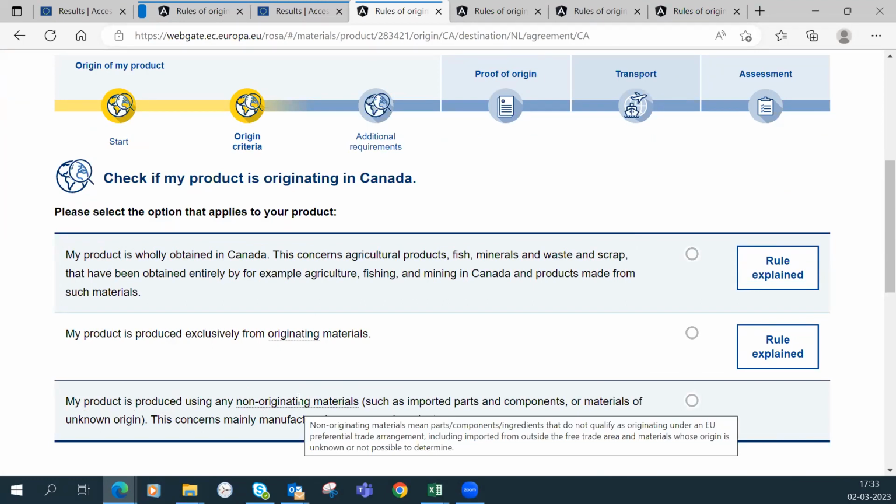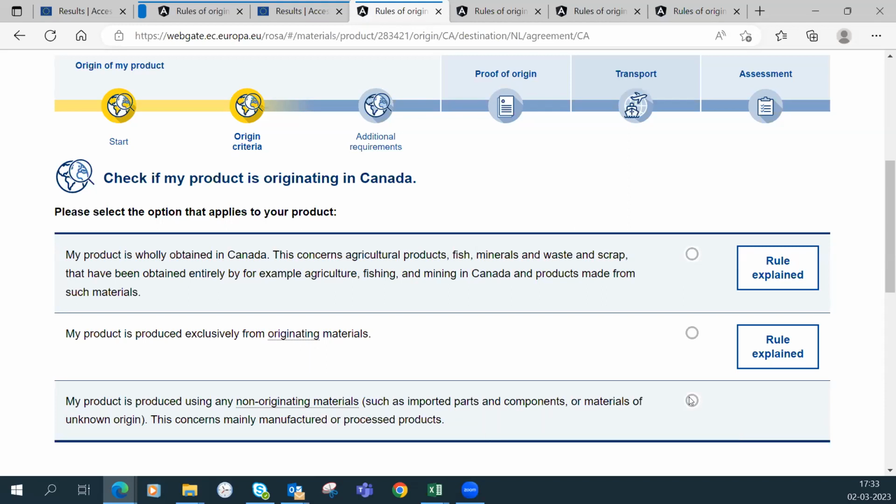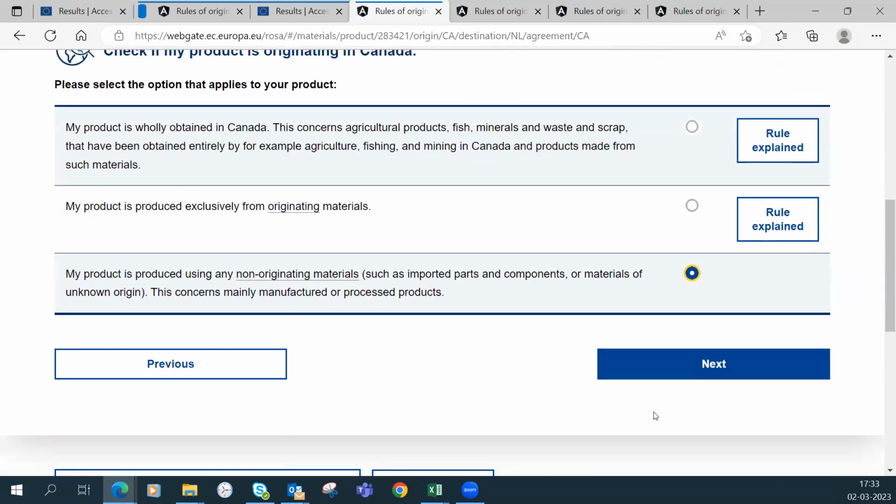That includes products imported from outside the free trade area, or material that you use that is coming perhaps from Canada, but whose origin is unknown. So you have to consider all this product as non-originating. I am in this scenario.